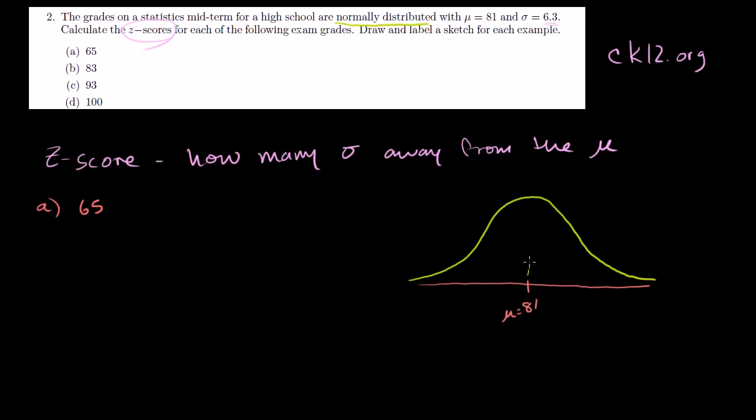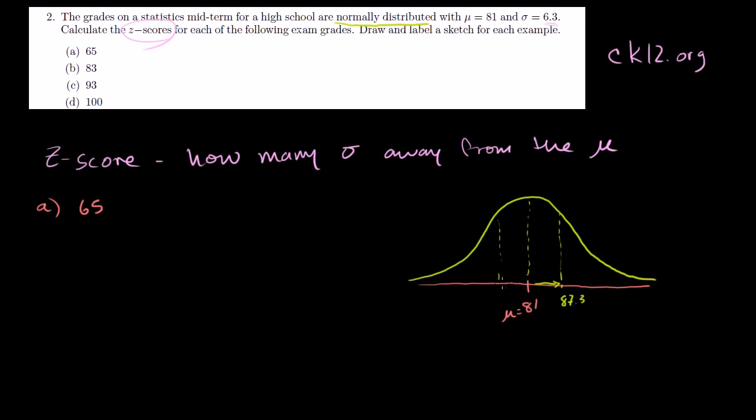This is the mean right there at 81, and the standard deviation is 6.3. So one standard deviation above and below is going to be 6.3 away from that mean. If we go 6.3 in the positive direction, that value is 87.3.